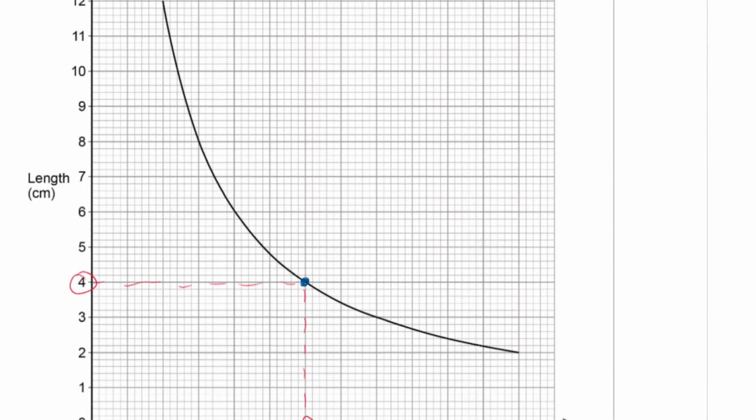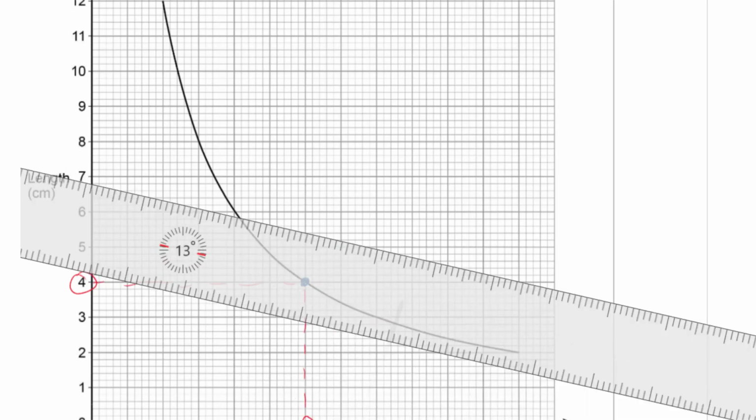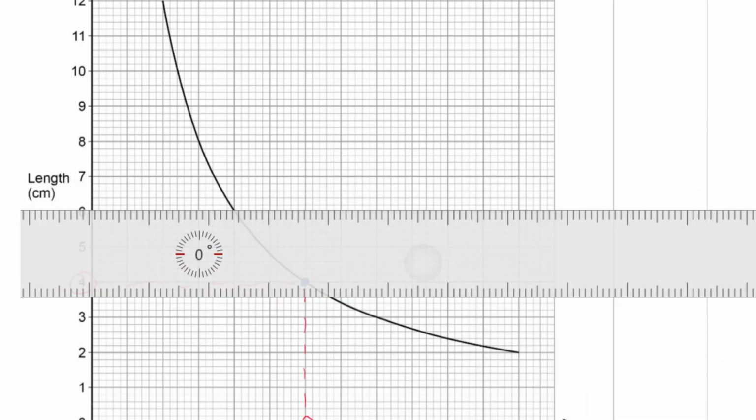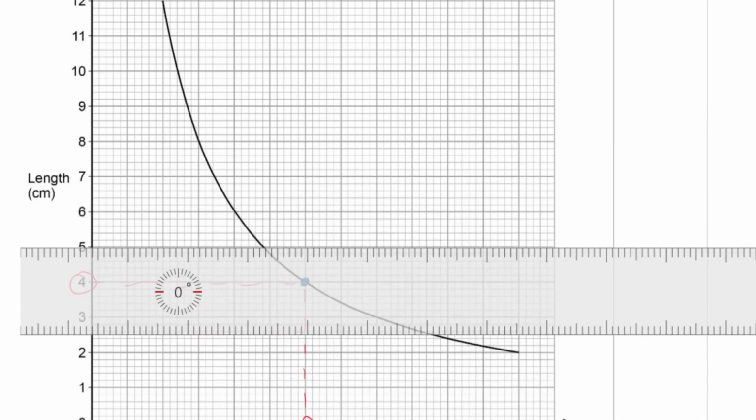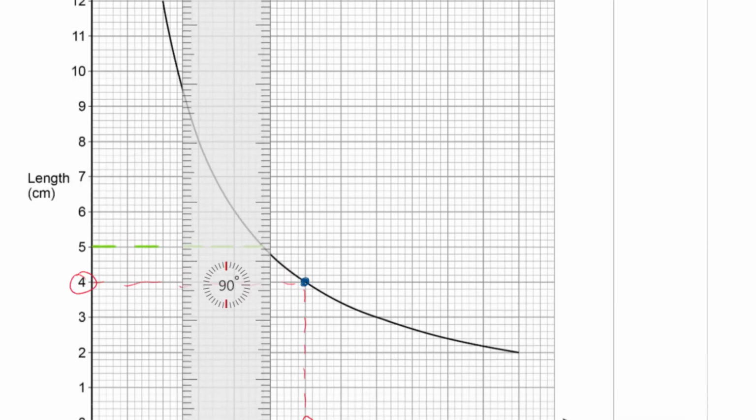So length of 5 is, let's just get my ruler out. Reading across from 5 to the graph. Pick a different color. And then reading down.